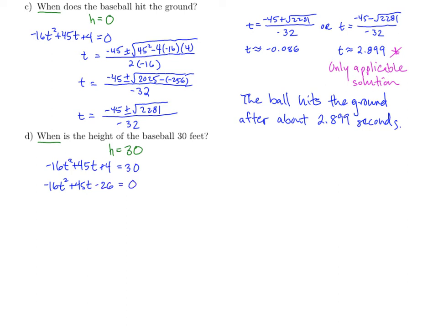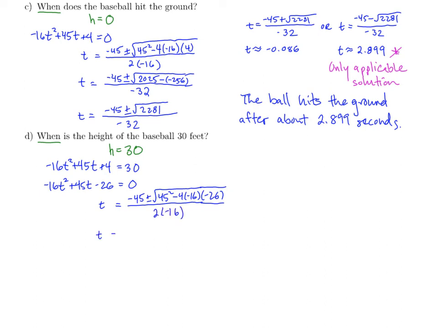So using the quadratic formula, we'll find that t is then equal to, and on the right-hand side, we'll use the opposite of b, which is negative 45, plus or minus, and then inside a radical, we're going to put b squared, which is 45 squared, minus 4ac, which will be minus 4 times negative 16 times negative 26. And that's all divided by 2a, which is 2 times negative 16.